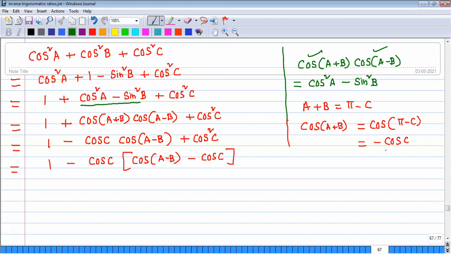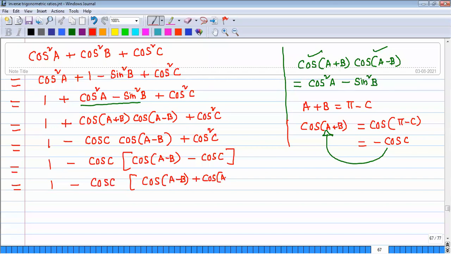Again go back. Minus cos C is replaced by what? Plus cos of A plus B. So let's replace it now. So if you replace, what do you get now here? So 1 minus cos C into cos of A minus B plus cos of A plus B.